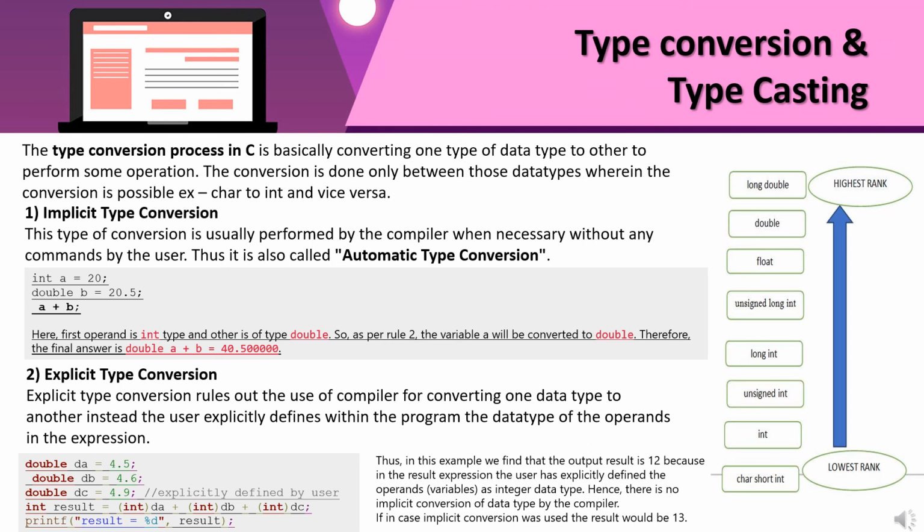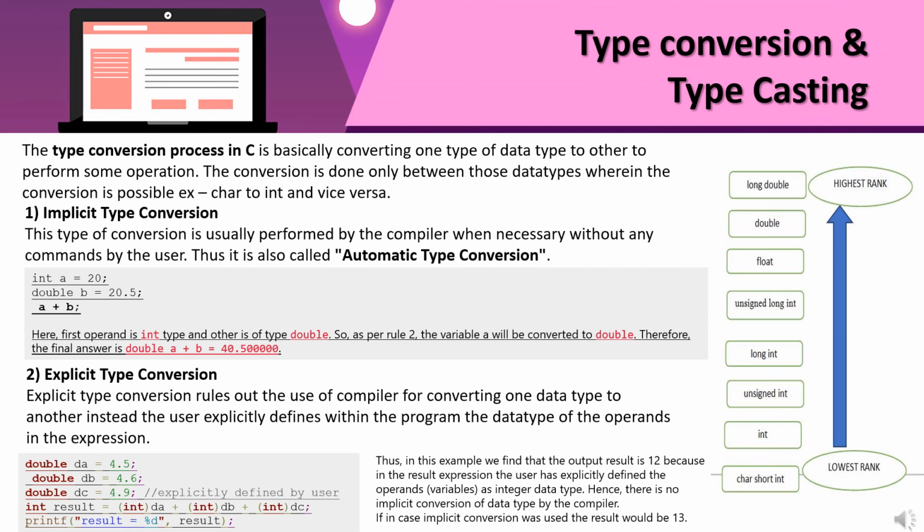Now in this program given as an example of implicit type conversion, int a equal to 20 and double b equal to 20.5. So here the first operand is of int type and the other is of type double. As per rule 2, the variable a will be converted to double.